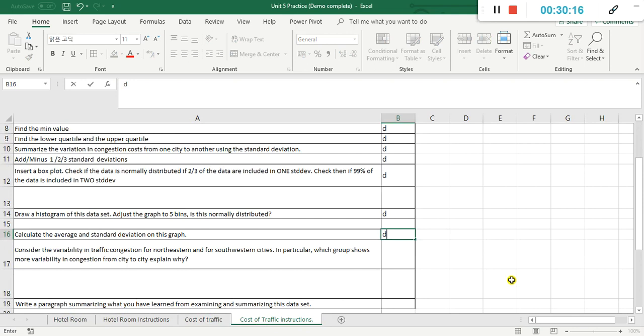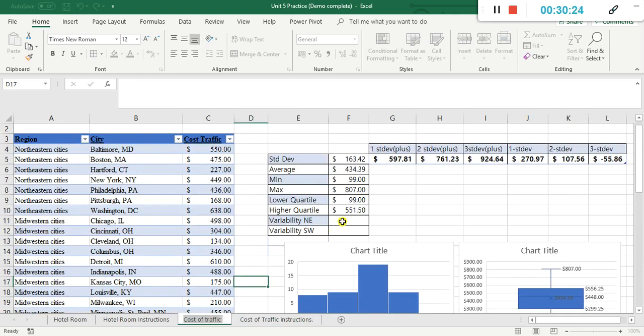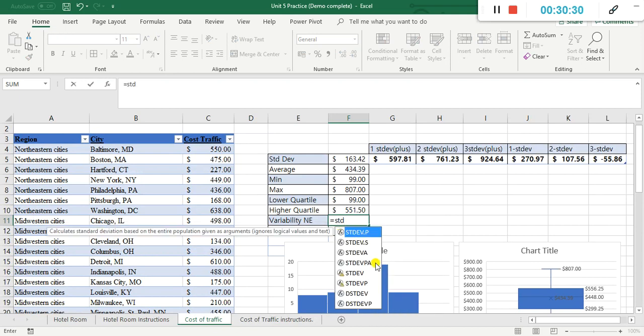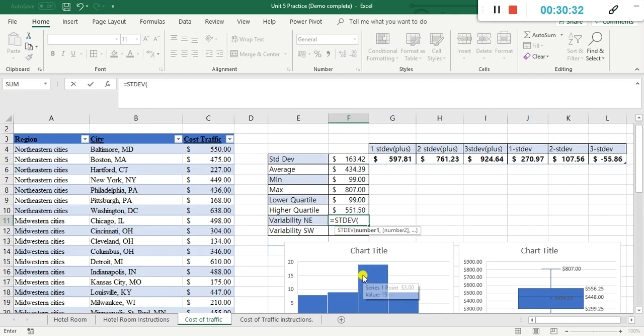Okay, now consider the variability in traffic congestion for northeastern and southwestern cities. In particular, which group shows more variability in congestion from city to city? Explain why. So in this case, we're going to look at the variability in the northeastern. So what we have to do is a standard deviation of the northeastern cities, and we're going to select the data of the northeastern cities.